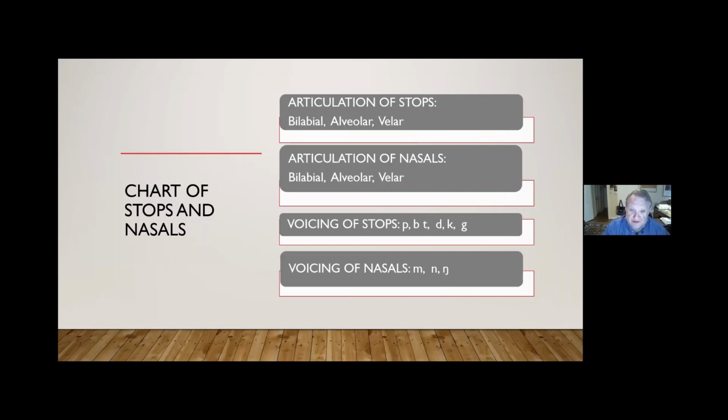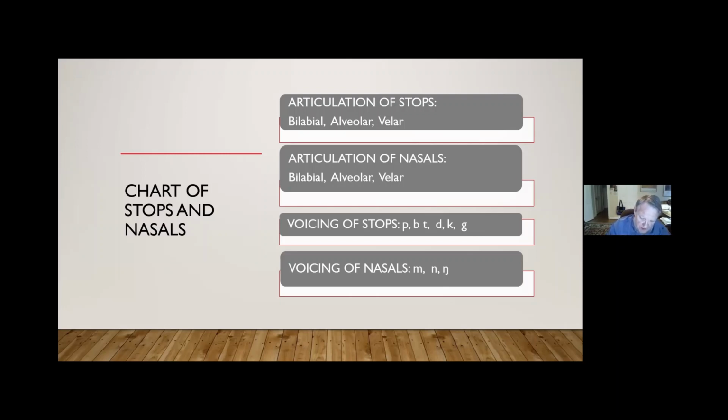So that's why nasals have the name nasals, because the air flows through the nose. The voicing pattern is P and B, T and D, K and G. Those are the pairs. And nasals are M, N, and Ng.